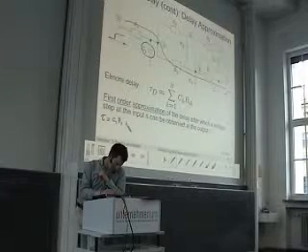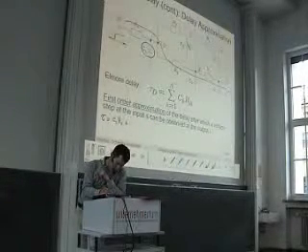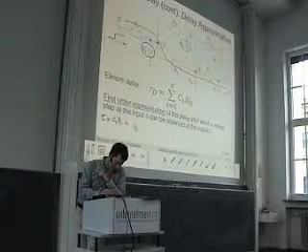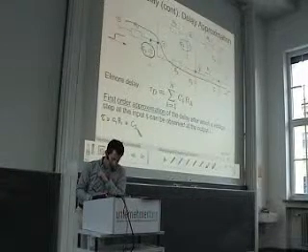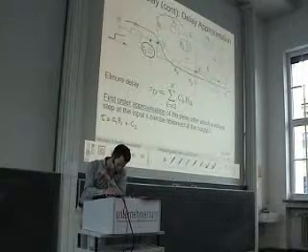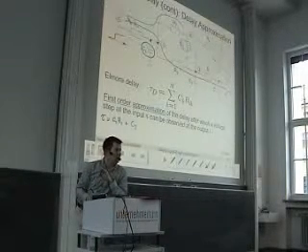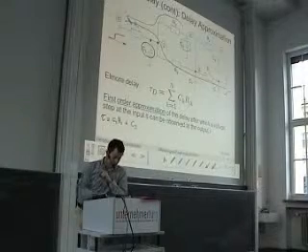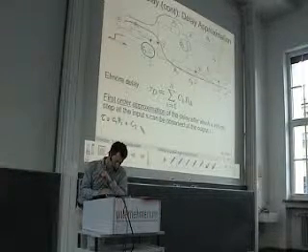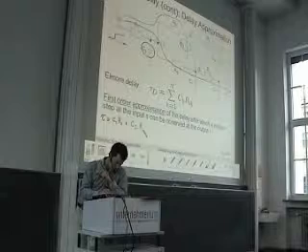Then we go to the next cap, plus C2. The path now is like this, and only R1 belongs to the blue and to the red path. So here again we multiply by R1.